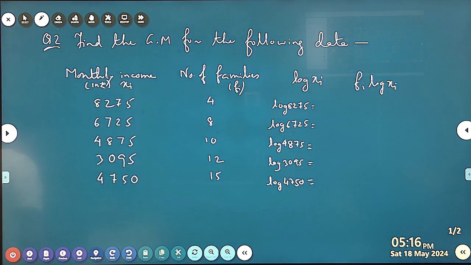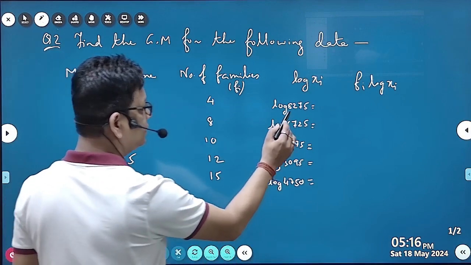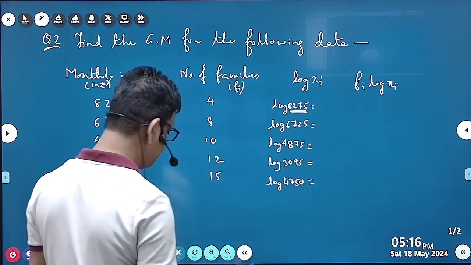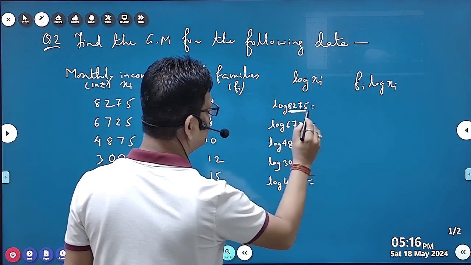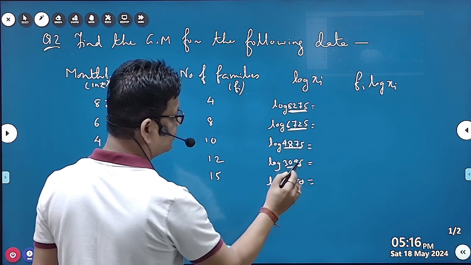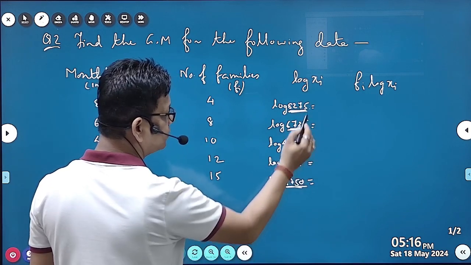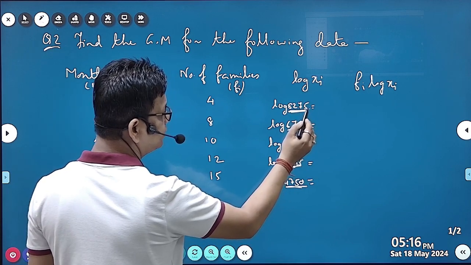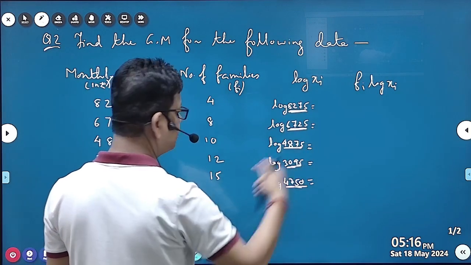Right. Yesterday we discussed in length how to find log of this. How many digits are there in each? 4. What will be the characteristic, the part before the decimal? 3. Since there are 4 digits in each, before the decimal we take one less than that. There is no decimal here, so the decimal is at the end.